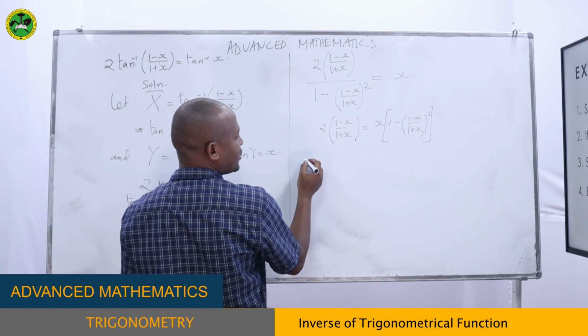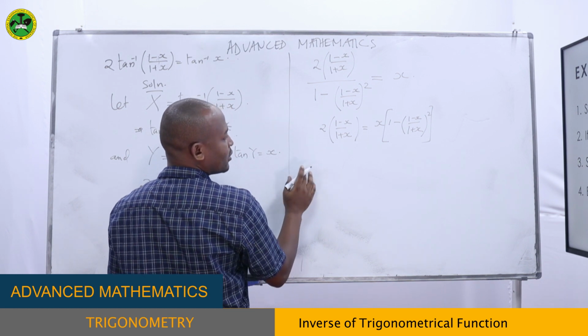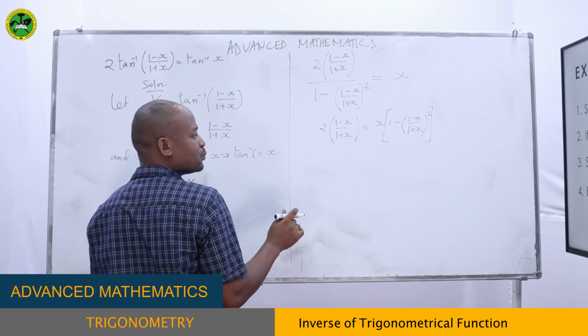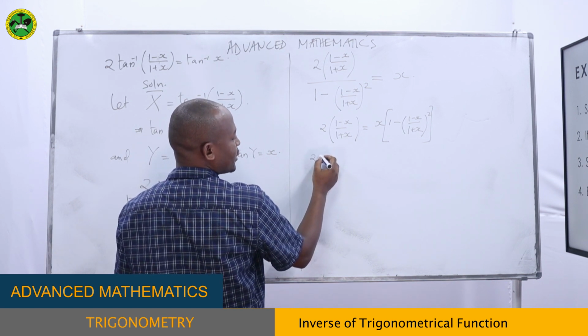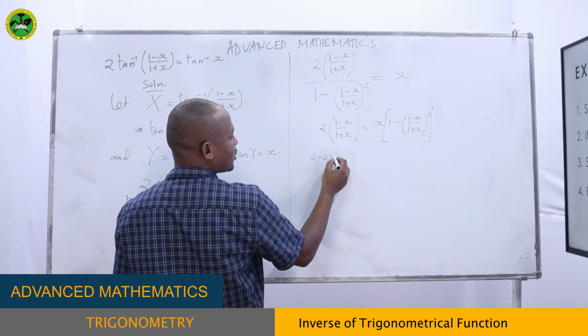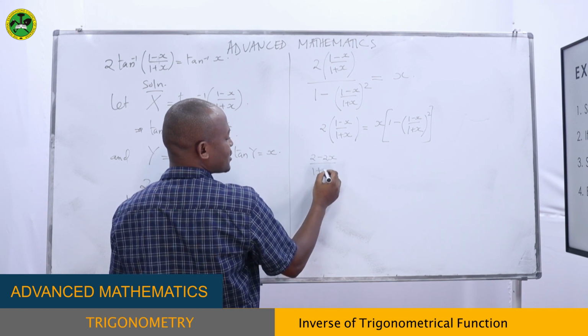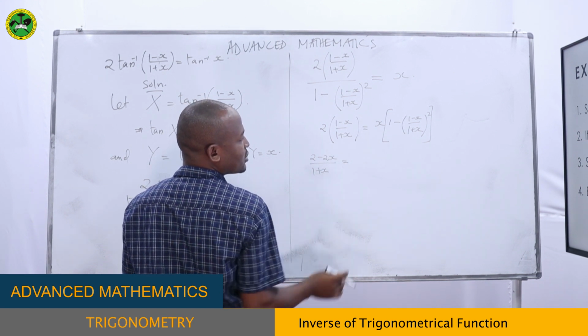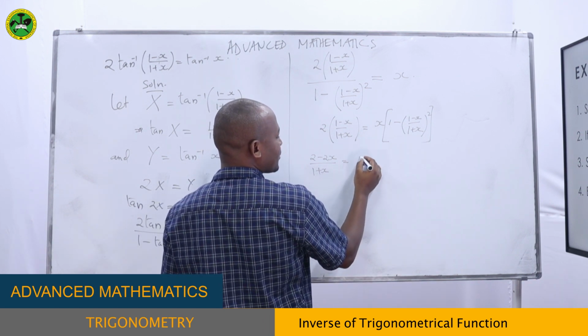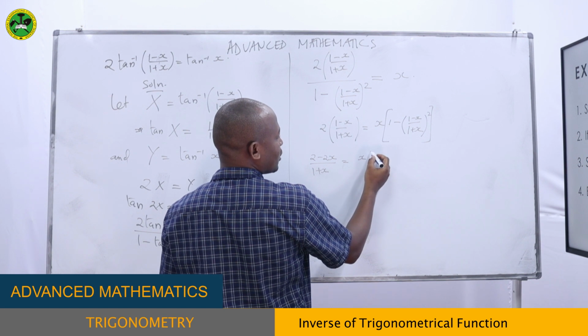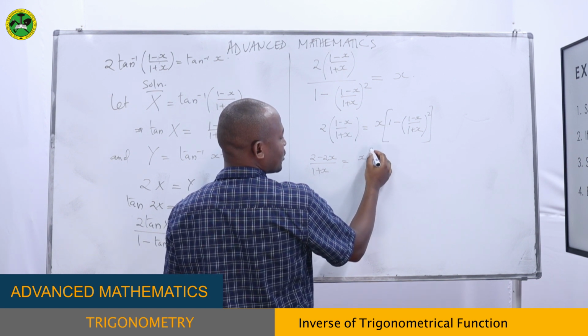So what can we do from there? That is to say, we're going to be left with (2 − 2x)/(1 + x) equals to, let's open that side, and we know that we'll be left with x, and that will be what?